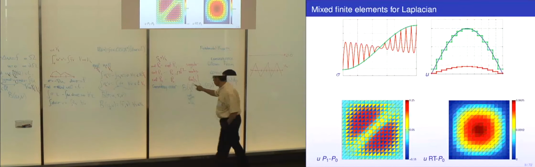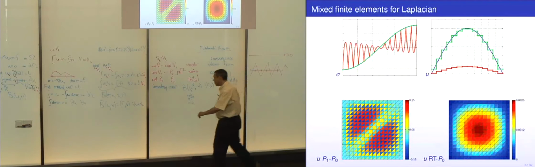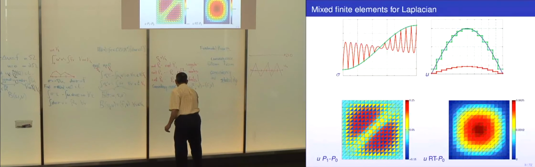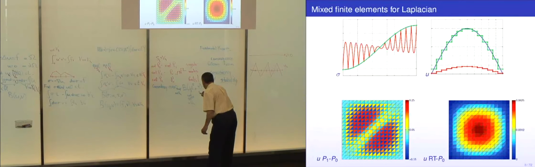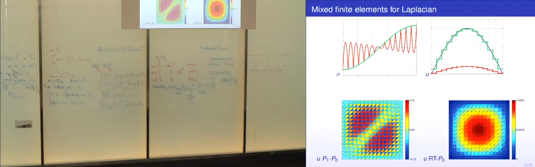So now you put in the best approximation of v in the subspace, and you look at this difference. And then you do that for v in V_h, and you take the supremum of that over all non-zero v in V_h, and you normalize it by the norm of v_h. That's the consistency error in finite elements.